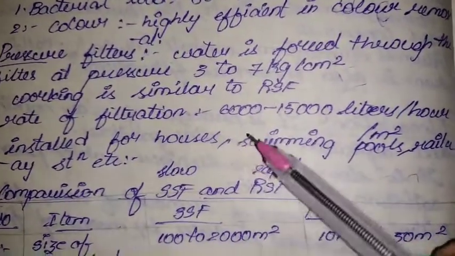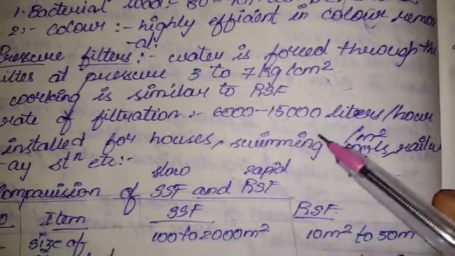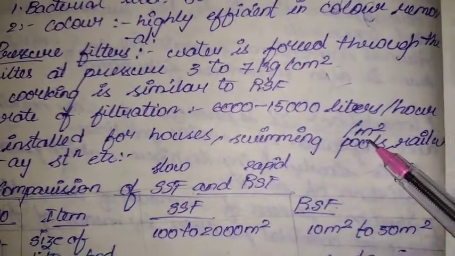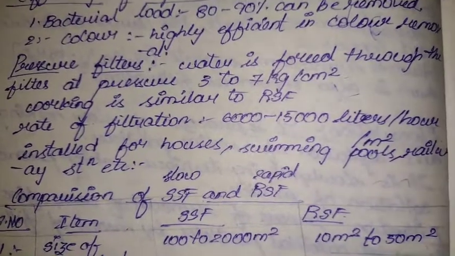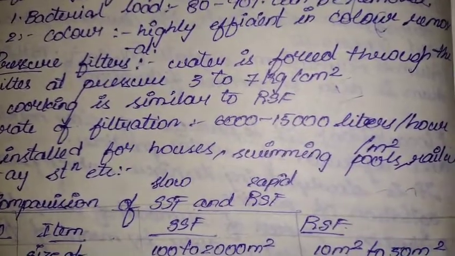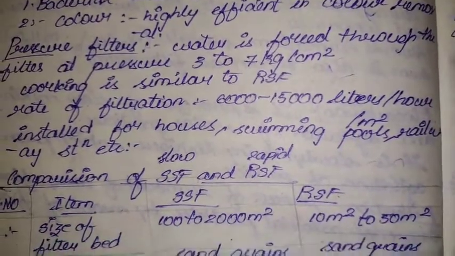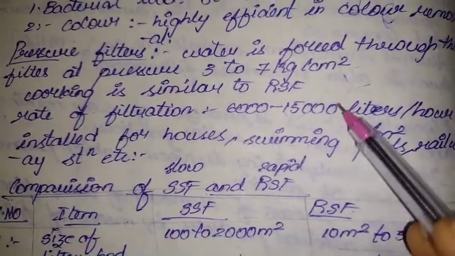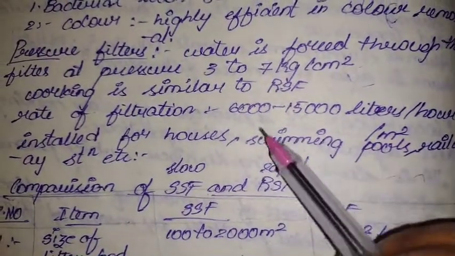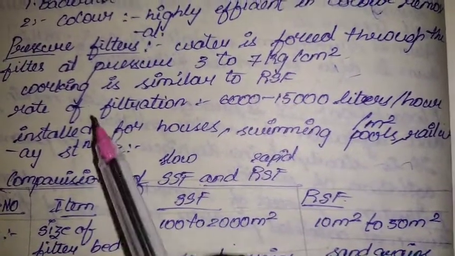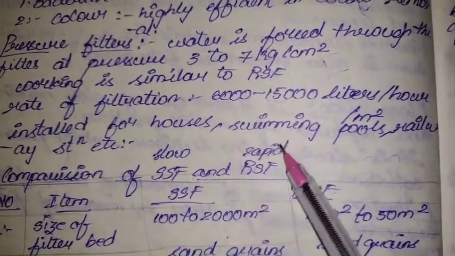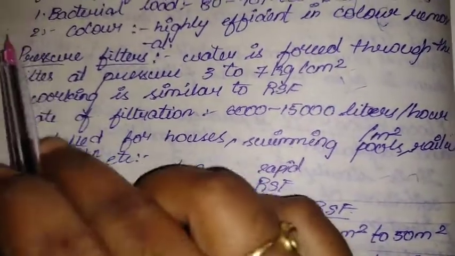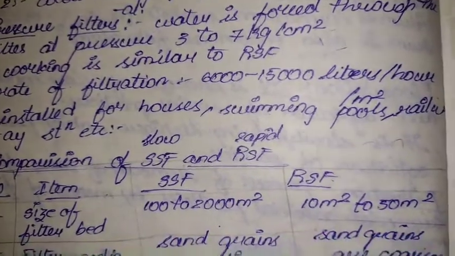Here the rate of filtration is 6,000 to 15,000 liters per hour per meter square, whereas in rapid sand filters it was 3000 to 6000 liters per hour per meter square. See, as we are applying pressure, the water is flowing very fast. It is getting filtered very fast. They are installed for houses, swimming pools, railway stations, etc. So these are the applications of pressure filters.